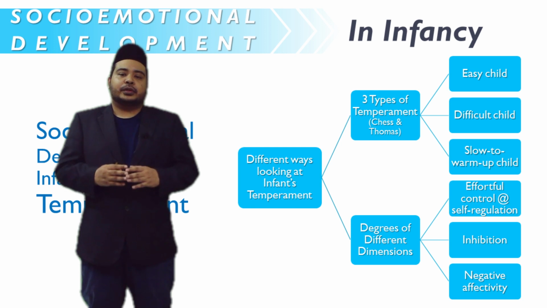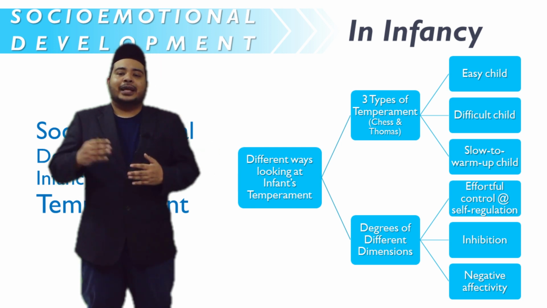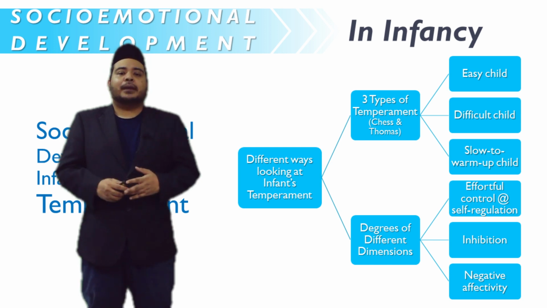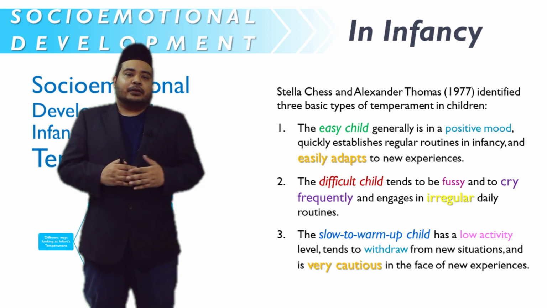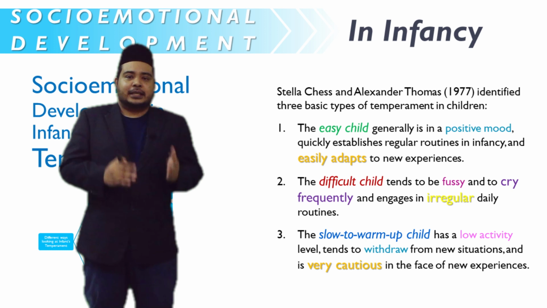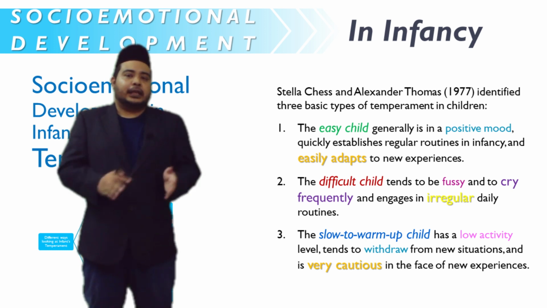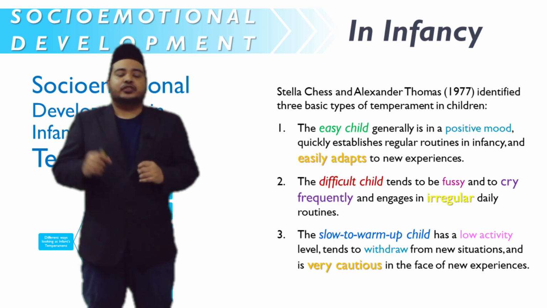They also look into the inhibition dimension, and the negative affectivity dimension. Okay, let's look at them one by one. Socio-emotional development in infancy: the three types of temperament suggested by Chess and Thomas, 1997. They identified three basic types of temperament in children.